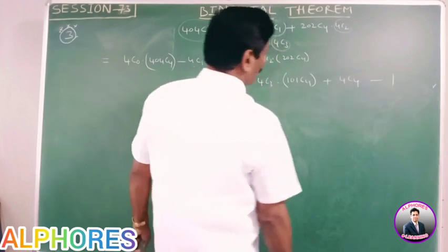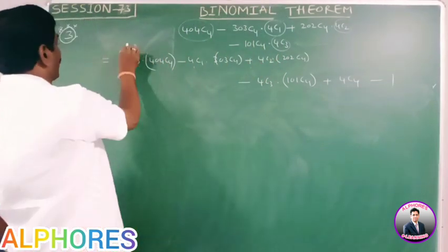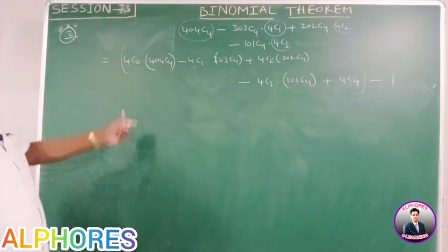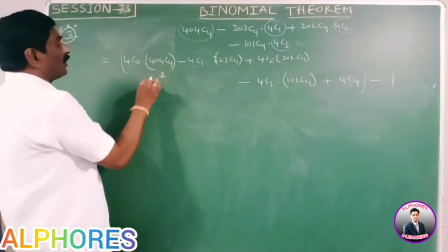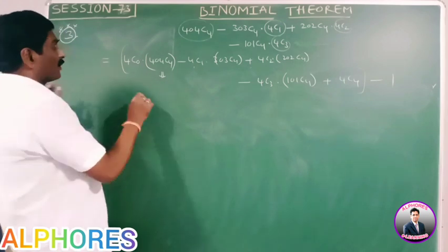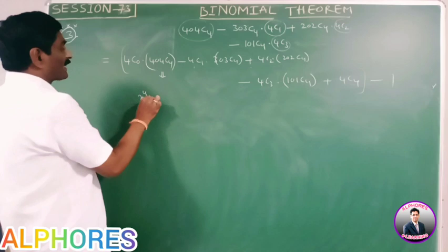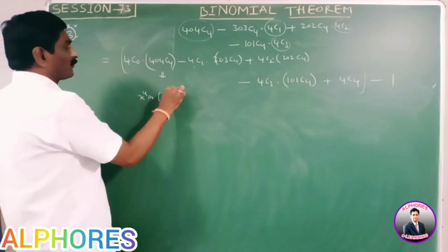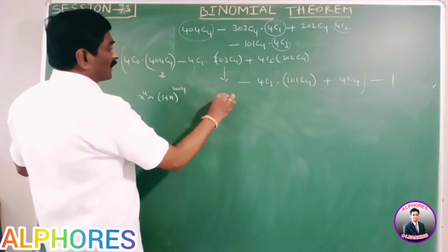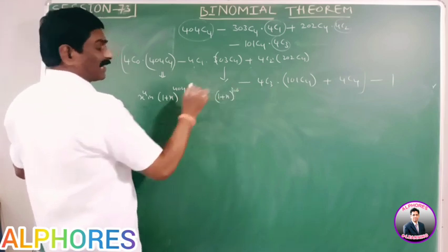By adding and subtracting 1, there is no change in this value. Any doubt? Please observe this value. It is nothing but the coefficient of x power 4 in the expansion of 1 plus x whole power 404. What is this value? Coefficient of x power 4 in the expansion of 1 plus x whole power 303.